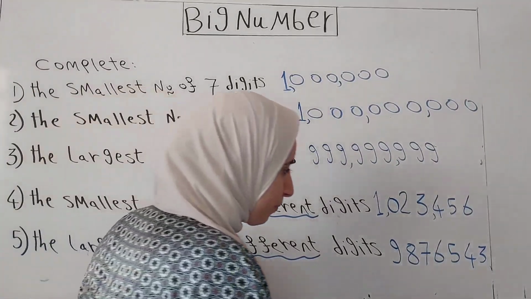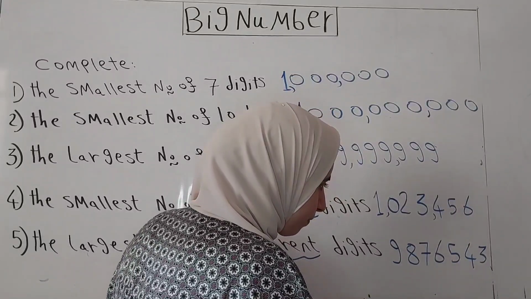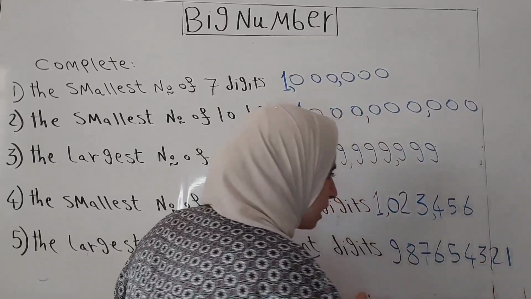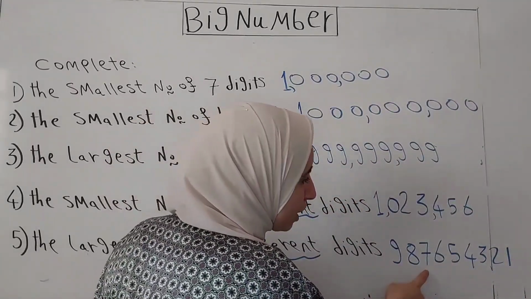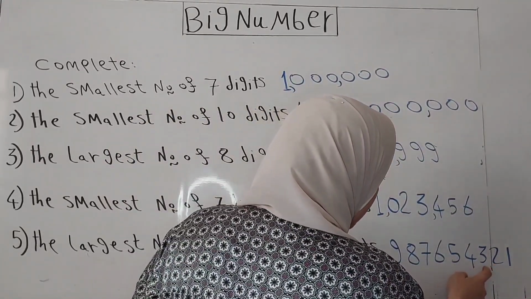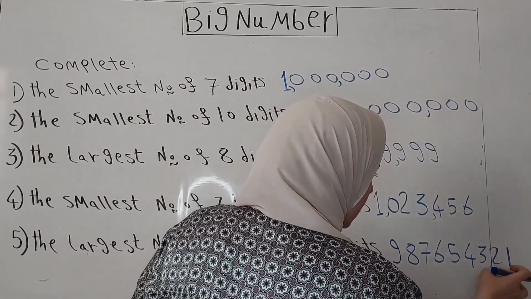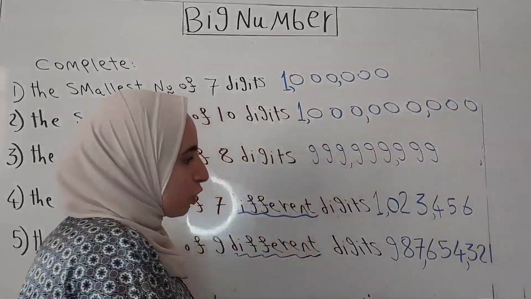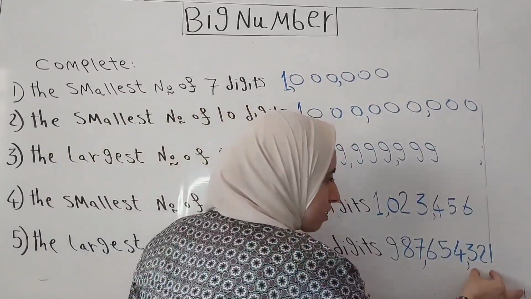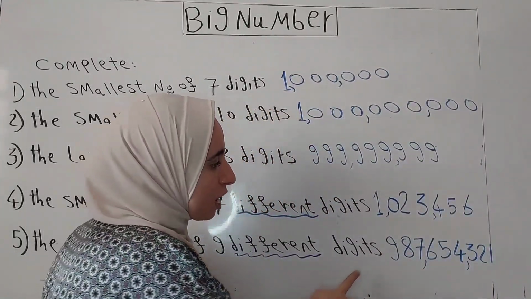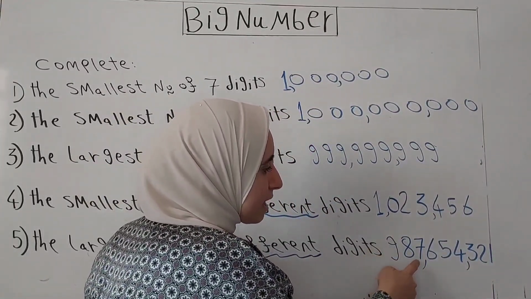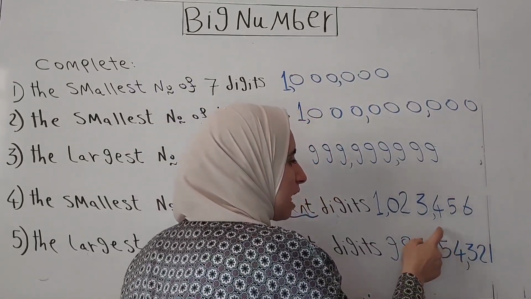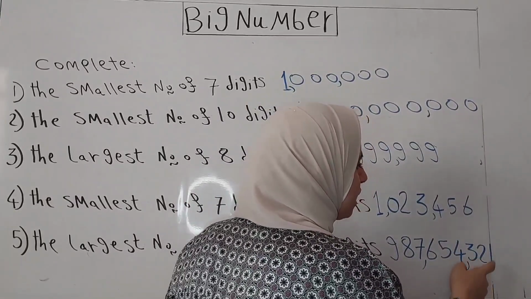Let's count with me: 1, 2, 3, 4, 5, 6, 7, 8, 9. Finally, we use commas to separate each 3-digit period. To read this number, this is ones, thousand, millions. 987,654,321.